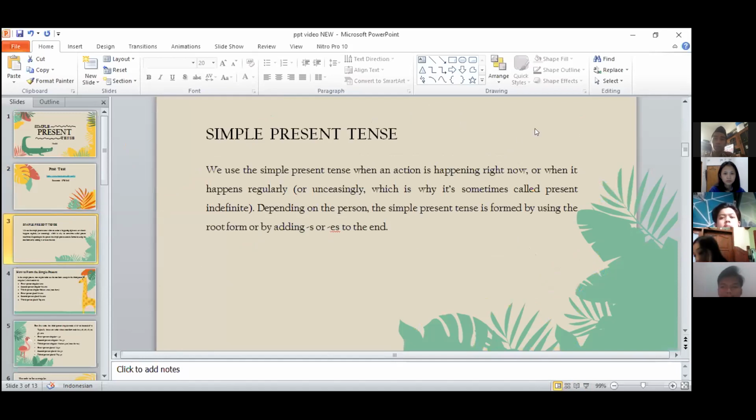We use the simple present tense when an action is happening right now, or when it happens regularly, which is why it's sometimes called present indefinite. Depending on the person, the simple present tense is formed by using the root form or by adding s or es to the end.